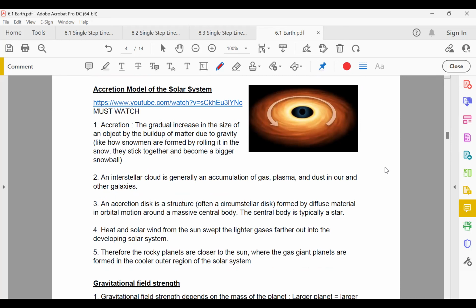When I first looked at the accretion model, I was really confused because I was looking at a lot of words. And then after that, I tried to think about how to make it easier for you guys to learn. And thus, that is the reason why I included a YouTube link here. And let's watch it together right now. Yay, it's YouTube time. Everyone watch this, guys. It's very important.